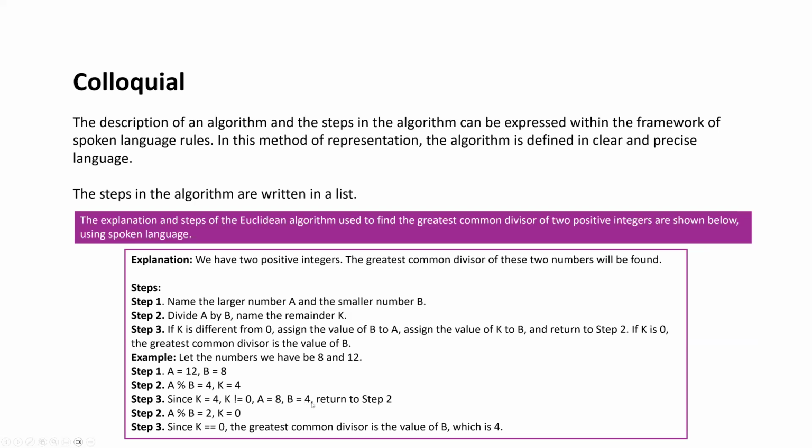As you see, we update these values and then we will go back to step 2 again because our K is not equal to 0. Okay, and then after this step, our remainder value is 0. So here the remainder value is 0 and you can show this greatest common divisor value at the output as B's value. It is 4.